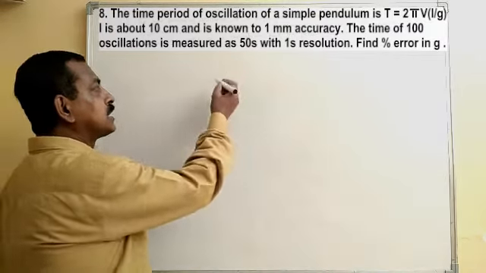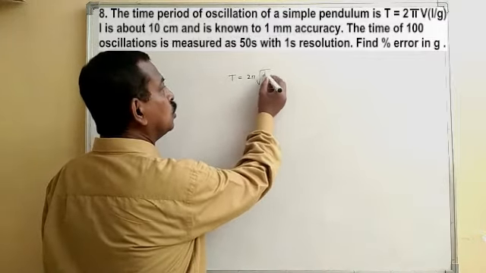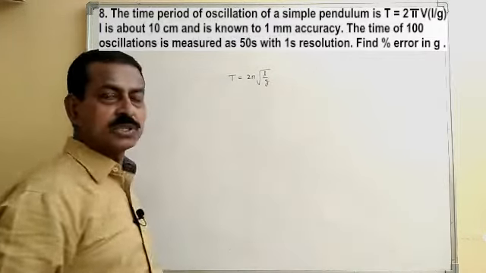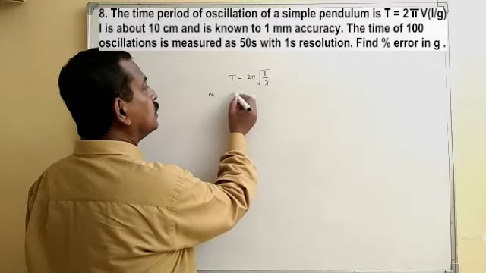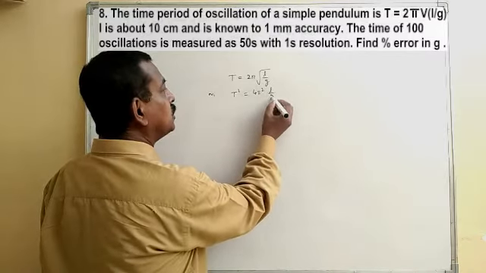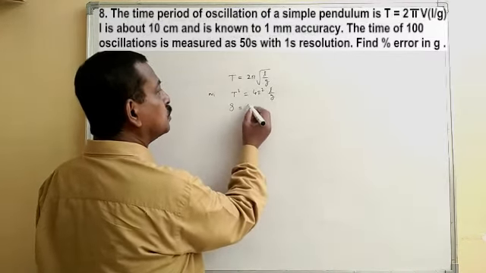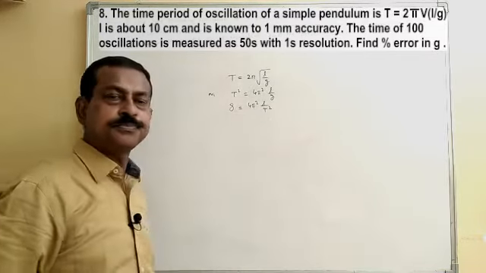For this, if you see the formula, T is 2 pi root over L by g. This is given. So we can write it as T square equals 4 pi square L by g, or g will be equal to 4 pi square L by T square.